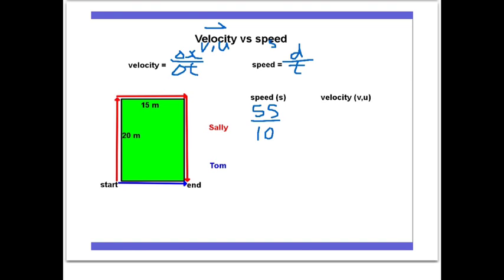They both reached the end at 10 seconds. So her speed was 5.5 meters per second. Tom's speed was, well, his distance was 15 meters in 10 seconds. So his speed was only 1.5 meters per second.